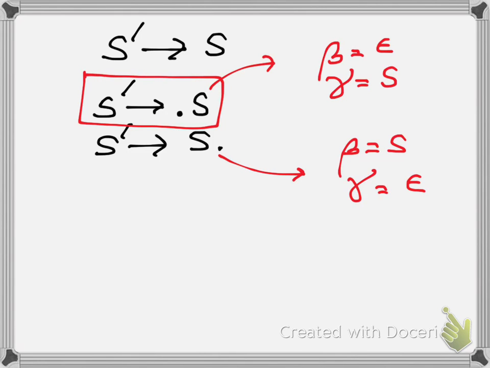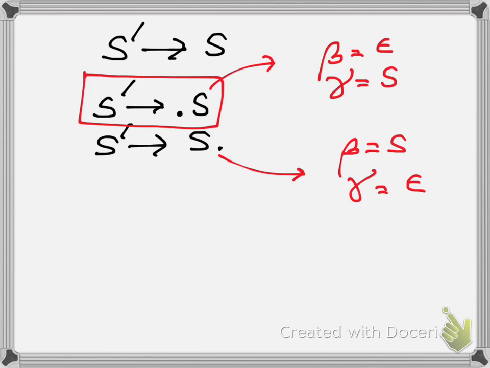In simple terms, what this means is that you are scanning the right hand side of this production, and you have just started the scanning. You're in the beginning, you have not seen any symbol, whether it is a terminal or a non-terminal. So that is one item.